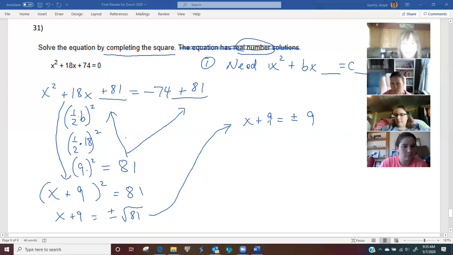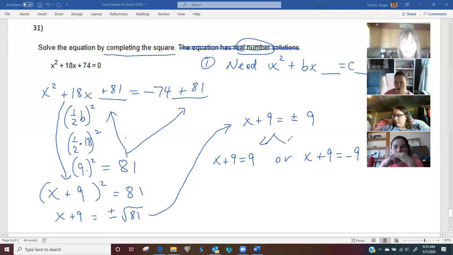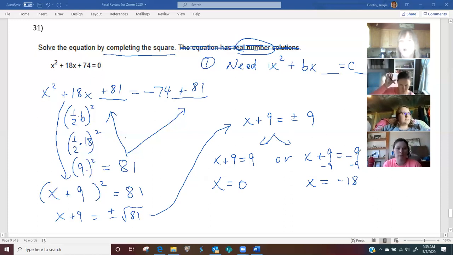Now you can split it up, or you could have moved that 9 over first, but then people get confused. But this really means that x plus 9 is 9, or x plus 9 is negative 9. Yes? And then you isolate. So x is 0, or x is negative 18.